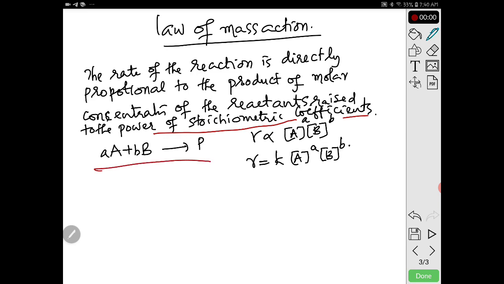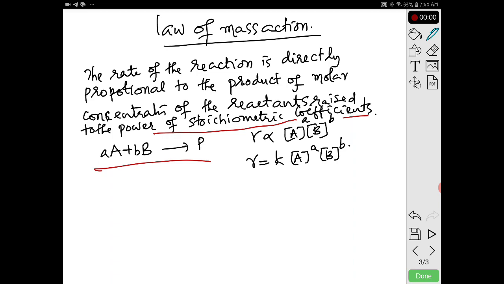This is the balanced chemical equation. So rate = k [A]^a [B]^b. Please understand, this is the law of mass action with respect to chemical kinetics.